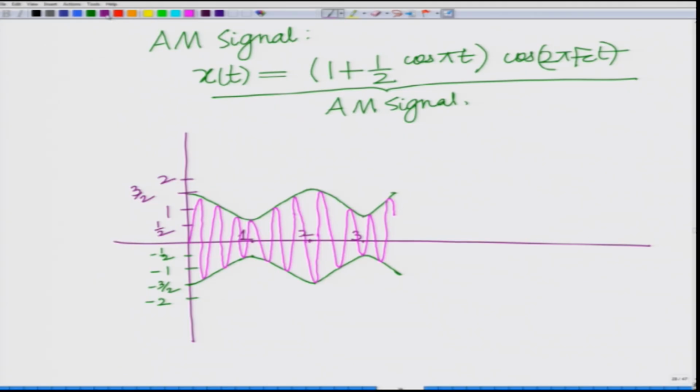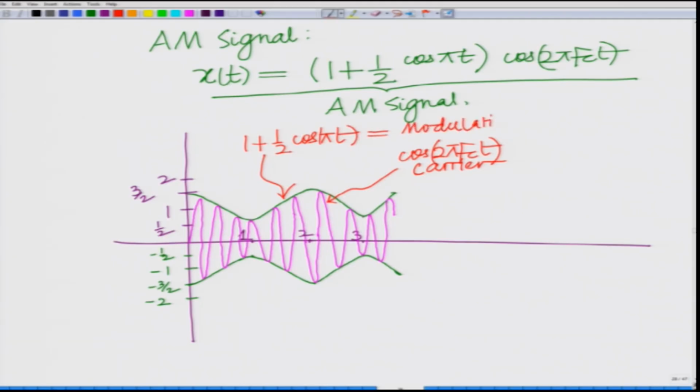So, what is this? This is basically your cosine 2 pi fc t, this is the carrier, and this is 1 plus half cosine pi t, this is the modulating signal.